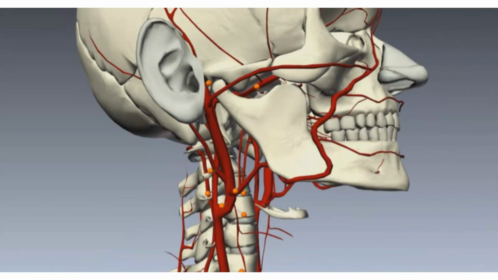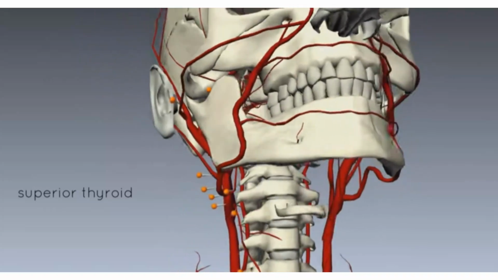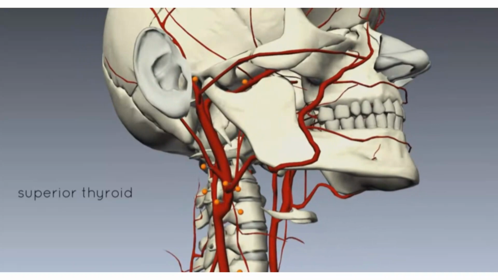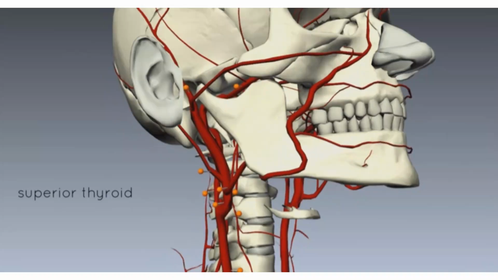The first artery that comes off just after the bifurcation of the common carotid is the superior thyroid artery. It's this artery pinned here. Rotating it around, you can see how it descends onto the superior pole of the thyroid gland.